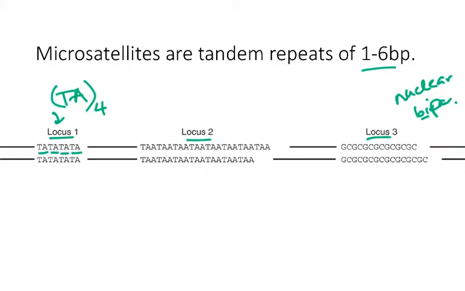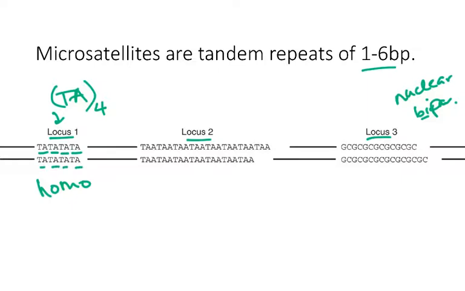One of the benefits of microsatellites compared to some of the older markers that we skipped, but are mentioned in your textbook, is that you can differentiate heterozygotes and homozygotes because you're able to look at both alleles. In this case, for locus 1, this individual is a homozygote because there's the same number of repeats on both chromosomes.